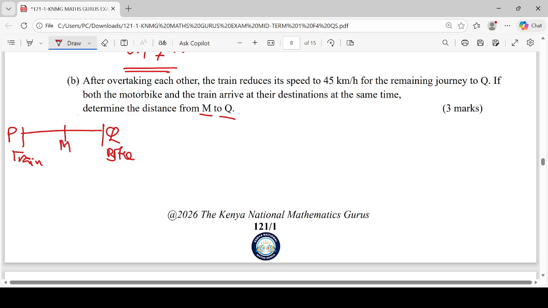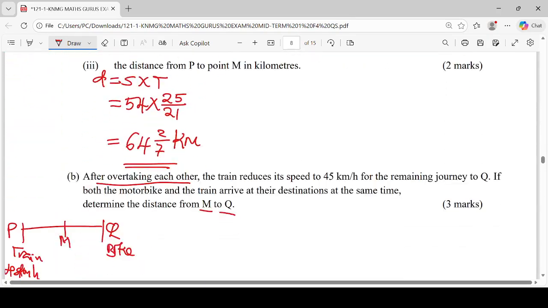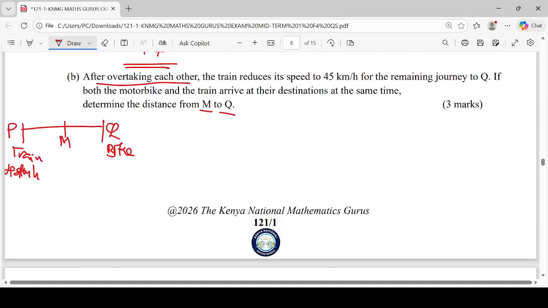Because they are saying that after overtaking each other, the train speed now reduces to 45, so the speed of the train becomes 45 kilometers per hour, meaning that the bike will retain its original speed of 72 kilometers per hour.